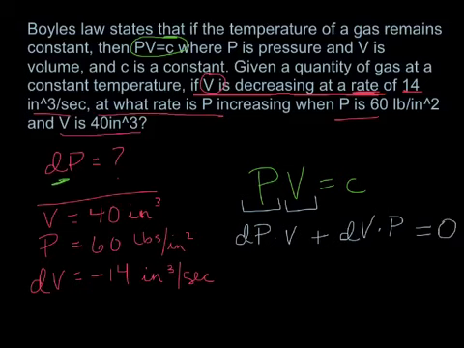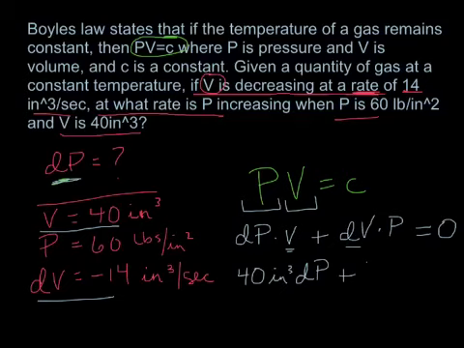Okay, so let's go ahead and fill in what we have. I'm looking for dP, so I don't have that. But I do have V. My volume is 40, so I'm going to put 40 in for V, and then I'm going to arrange the order. So I have 40 inches cubed, and then dP, because I don't know dP, plus dV, they told me, was negative 14.